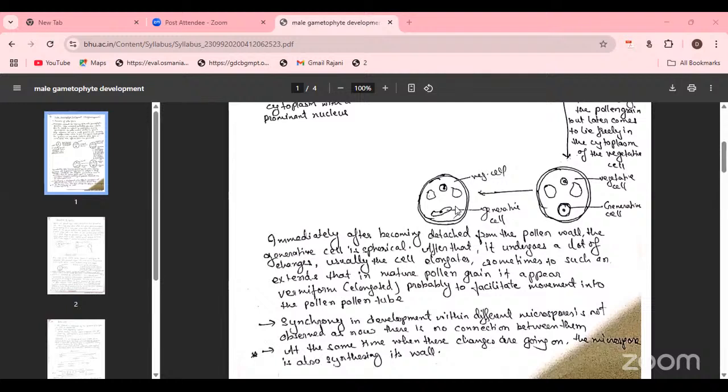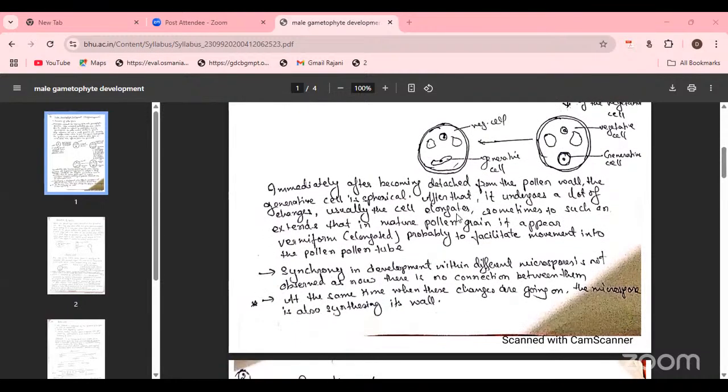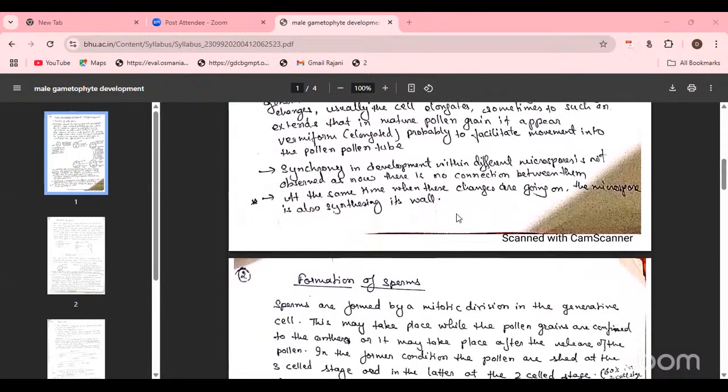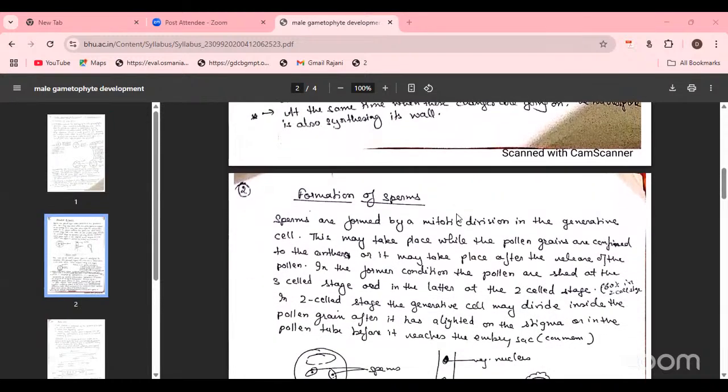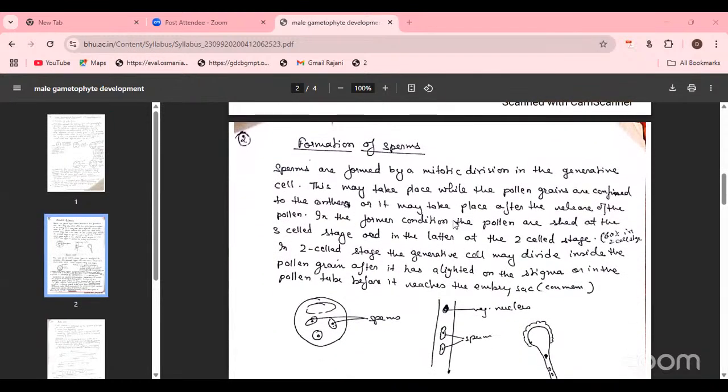At the same time, the microspore is also synthesizing its wall. Sperms are formed by mitotic division: two sperms are formed by the mitotic division of the generative cell.